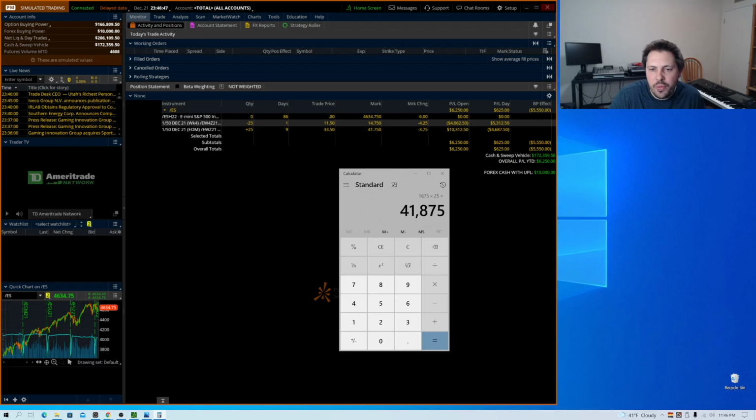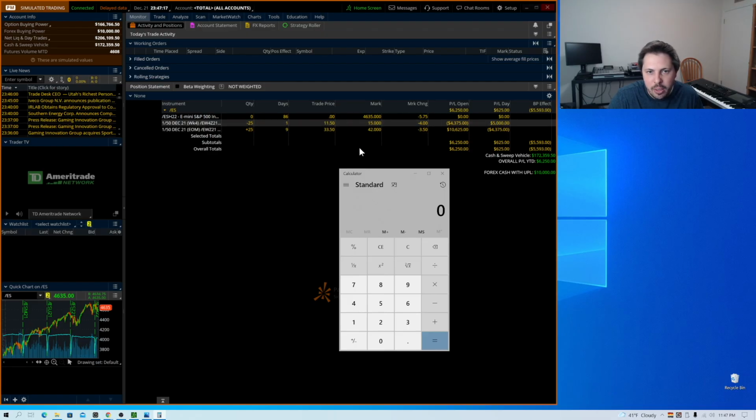So $41,875 is the debit that I had to spend for these options. And then on the sell side, right, $11.50 times that 50-point multiplier gives us $575 a contract times 25 of them, which means I took in a credit of $14,375 for these front options, right?